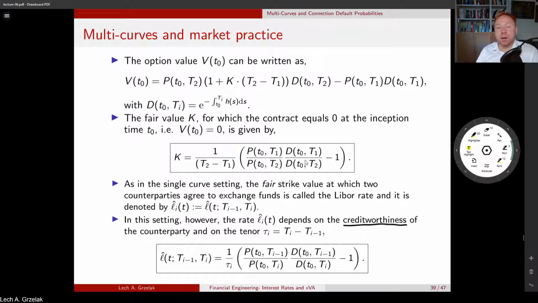So this is not the same LIBOR we have seen before, because that one was risk-free, in terms of there was no probability of default inclusion. Now we include this, so now we have a different type of LIBOR. So you can call it a risky LIBOR. But as you see, that very much resembles what we had before, except for the zero coupon bonds. They have to be adjusted with these correction terms, the risk adjustments.